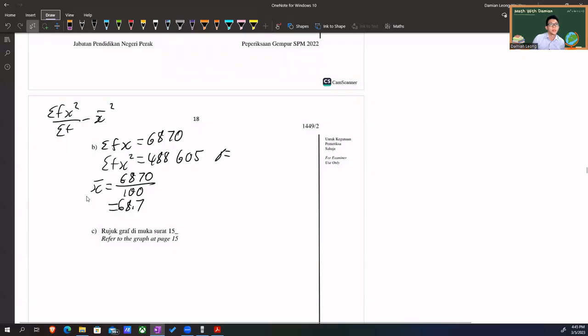So I want the standard deviation. To count the standard deviation, square root of sum of fx squared, 488,605, over n, 100, minus mean squared, 68.7 squared.